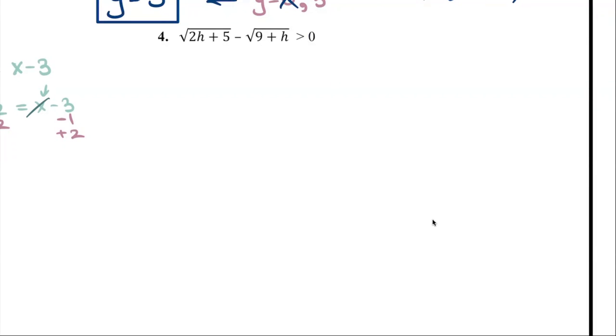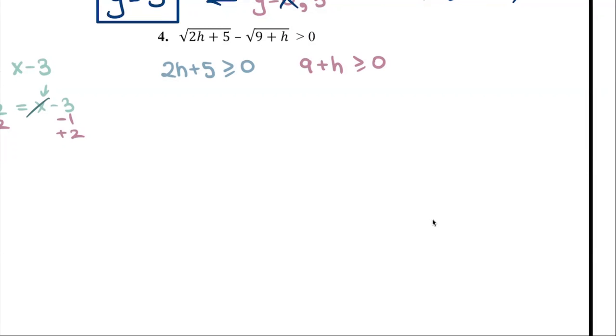So this first one, I'm going to make sure whatever's inside that first radical is greater than or equal to 0. I'm also going to make sure that anything inside the other radical is also greater than or equal to 0. Anytime you have any radicals with an inequality, just make sure those are greater than or equal to 0.